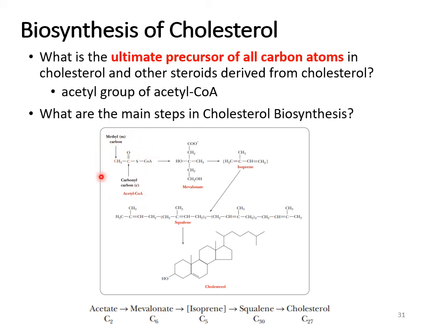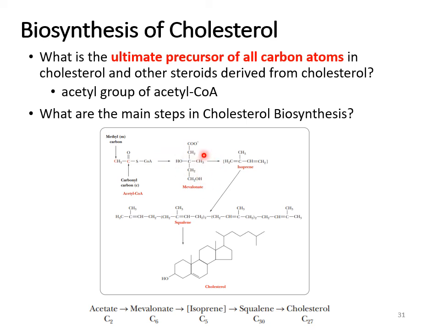The main steps are mapped out in this figure and summarized over here so that you can see each of the terms associated with cholesterol biosynthesis. As you see, you start off with acetyl-CoA, and 3 acetyl groups ultimately produce mevalonate. I constantly mispronounce that word, so I apologize in advance.